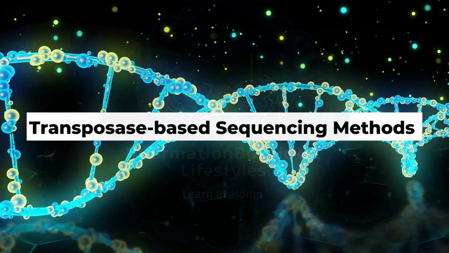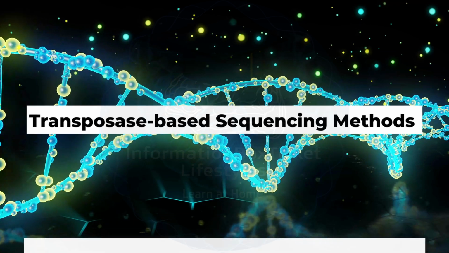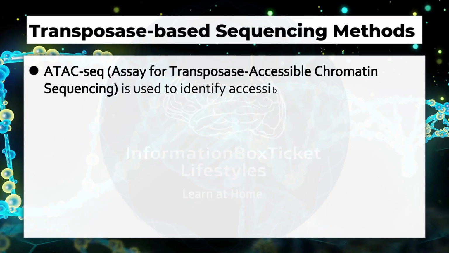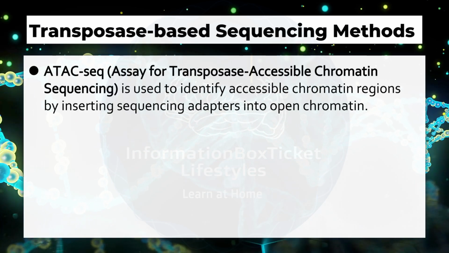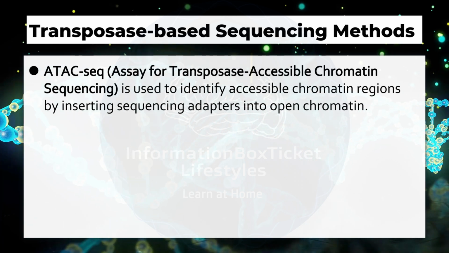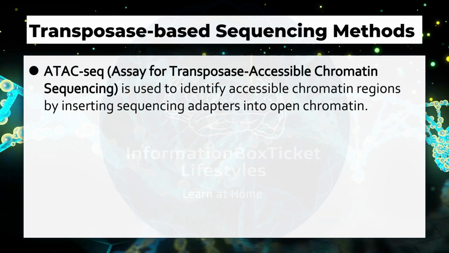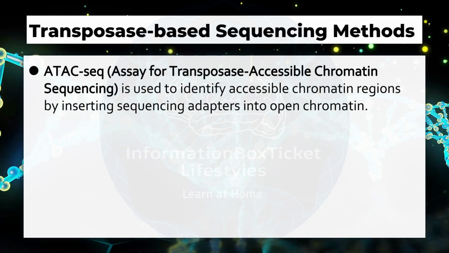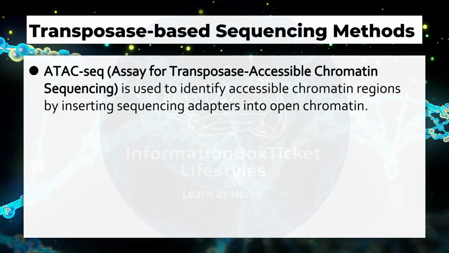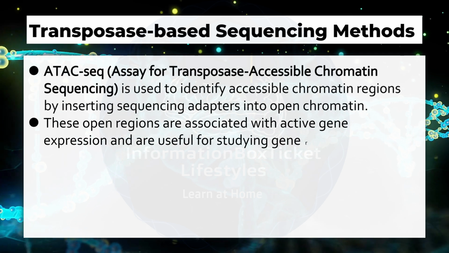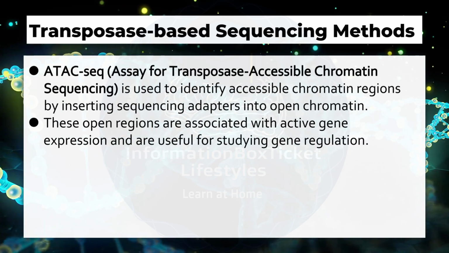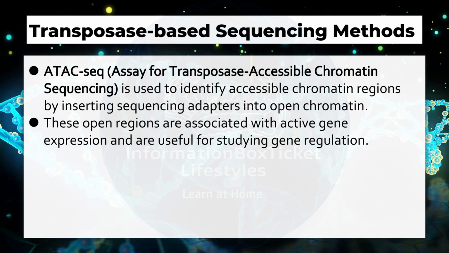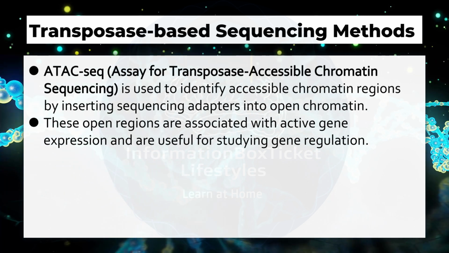Transposase-based sequencing methods. Assay for transposase accessible chromatin sequencing is used to identify accessible chromatin regions by inserting sequencing adapters into open chromatin. These open regions are associated with active gene expression and are useful for studying gene regulation.